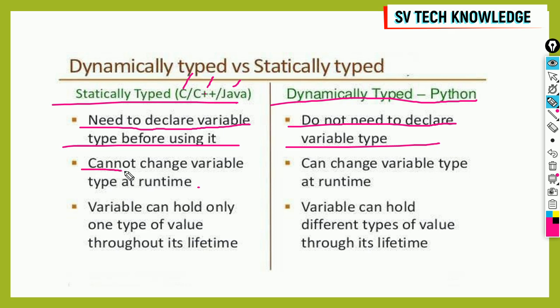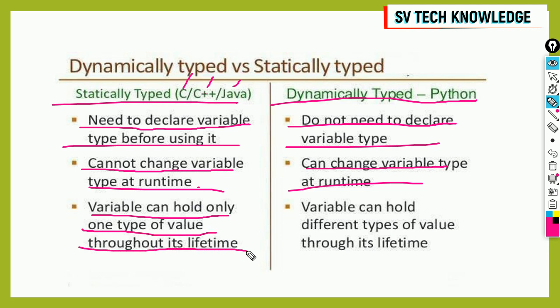And you cannot change variable type at runtime in statically typed languages. Whatever you have declared before using it, you have to use that data type only. You cannot change it in the middle or at runtime. But in dynamically typed languages, you can change the variable type at runtime also. In statically typed, a variable can hold only one type of value throughout its lifetime.